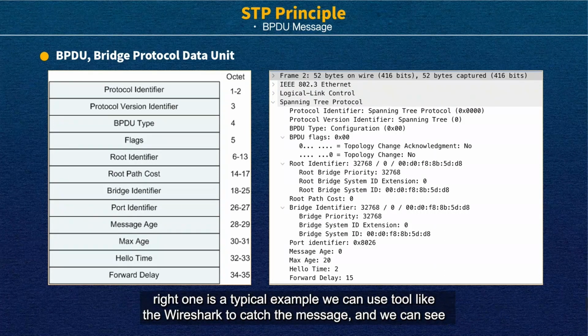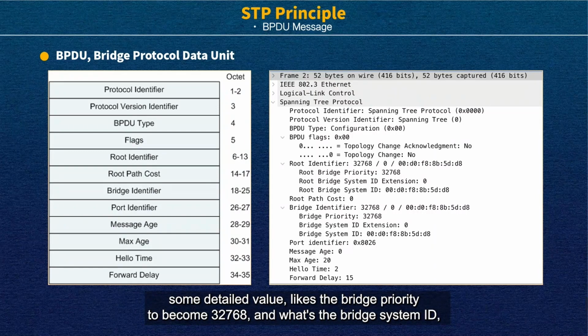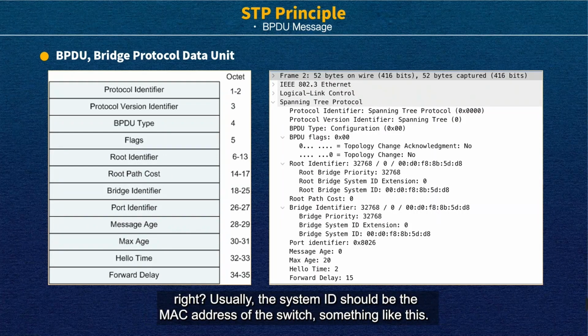On the right is a typical example. We can use a tool like Wireshark to capture the message, and we can see some detailed values like the bridge priority, which is 32768, and the bridge system ID, right? Usually the system ID is the MAC address of the switch.